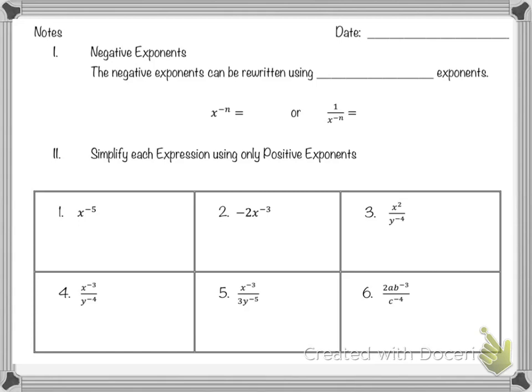The rule for negative exponents is that we can make them positive exponents by moving the base that has the negative exponent to the denominator and making it positive.